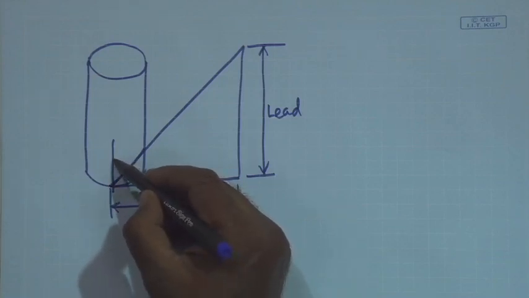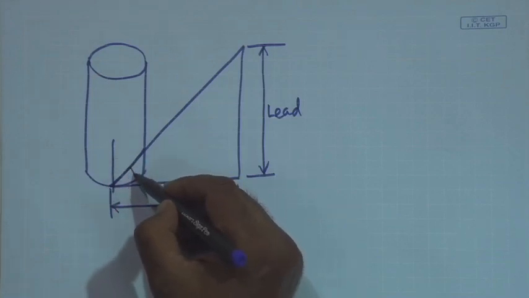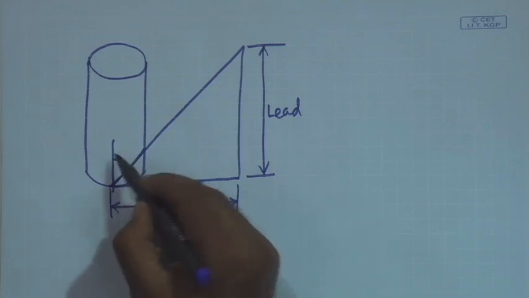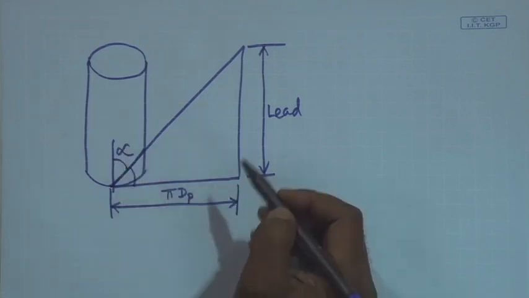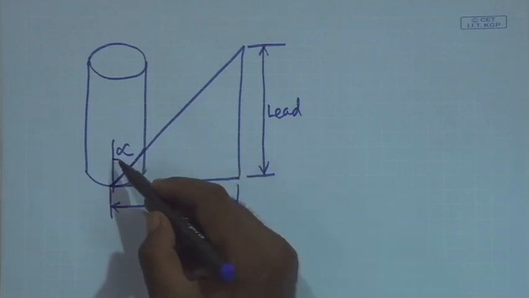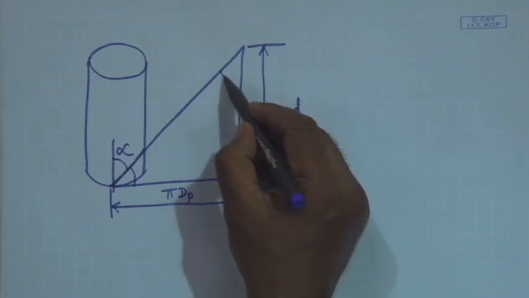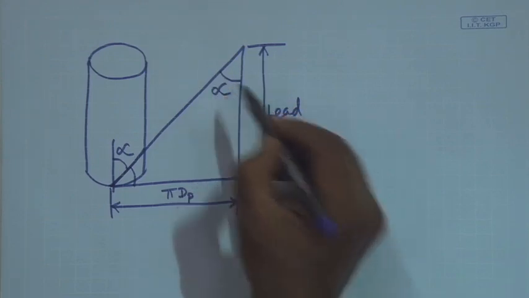And what is the helix angle? As we discussed before, this angle is the helix angle for screw threads. This is the helix angle alpha, sometimes in some literature it is called beta. This is the helix angle for gear teeth.